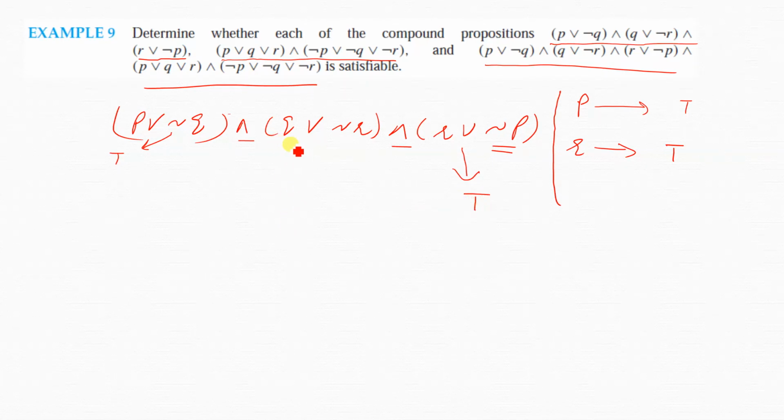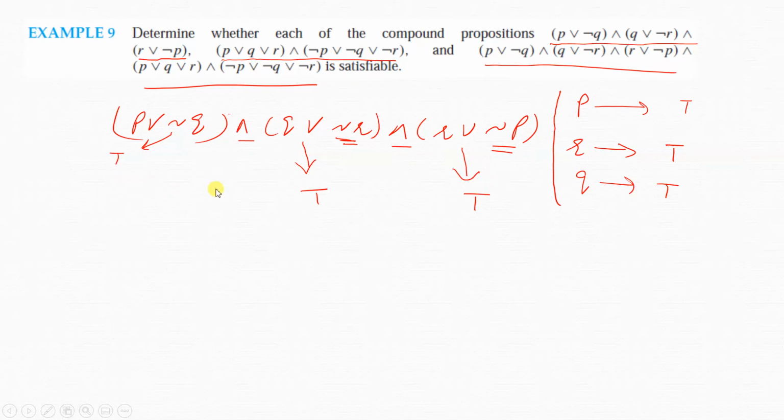Now we are left with this one, and we are left with one variable as well. We have to assign a truth value to Q. So if R is true, then negation R is false. If negation R is false, in order to make this proposition true, we have to assign truth value true to Q. So if all three have the same truth value, that is all are true, then these compound propositions P or negation Q, Q or negation R, R or negation P are all true.